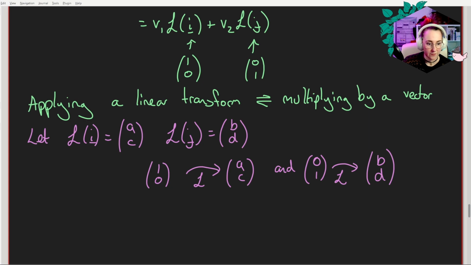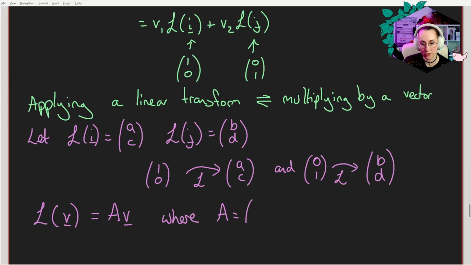Then I claim that L of V in this instance is the same as multiplying by AV, where A is the matrix with rows (A, B) and (C, D). I'll show you how that is true in a second. But that is my statement.